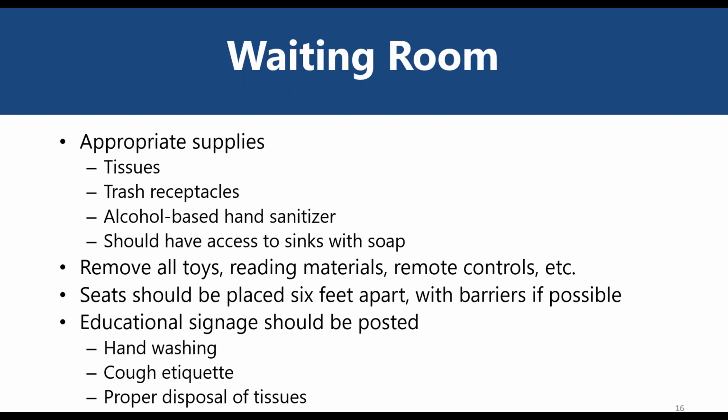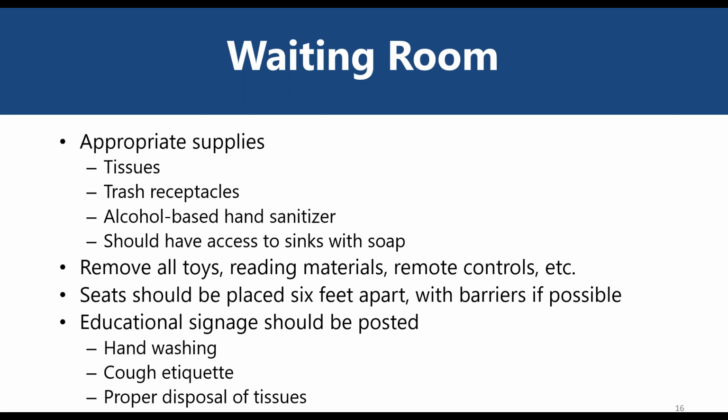So now, as we're moving on to the waiting room, we want to talk about what your waiting room considerations should be. The first thing is making sure there are appropriate supplies in there. She talked about tissues. That's a very useful thing to have in there. But in doing so, you want to make sure that you have no-touch trash receptacles in there. Nothing that requires them to lift a lid with their fingers or anything like that.